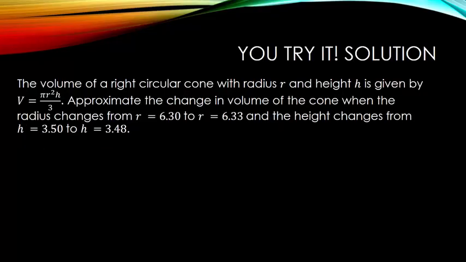So I know that r is changing from 6.3 to 6.33, which gives me a change in r of 0.03. And I know that h changes from 3.50 to 3.48, which gives me a change in h equal to negative 0.02. dV is equal to pi over 3 times the quantity 2rh dr plus r squared dh.